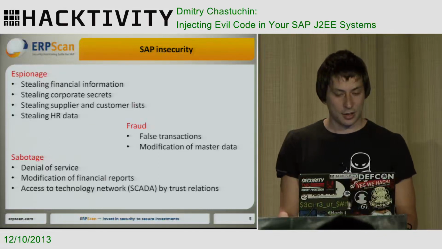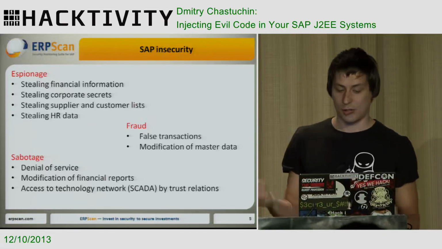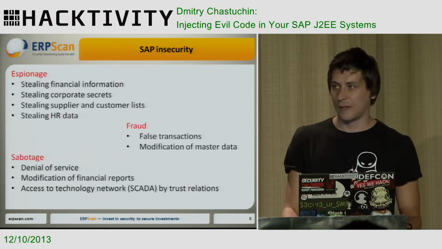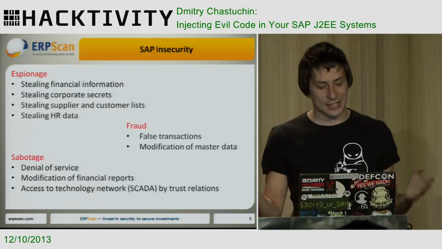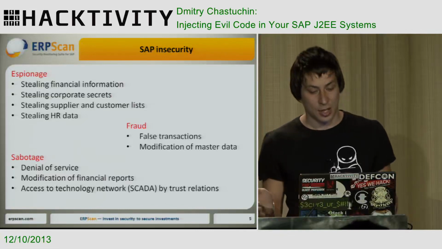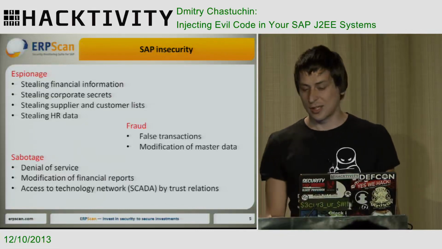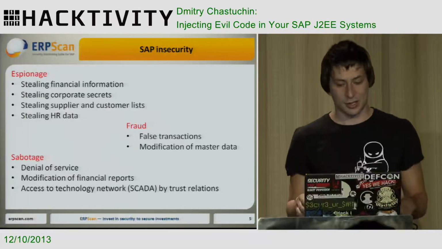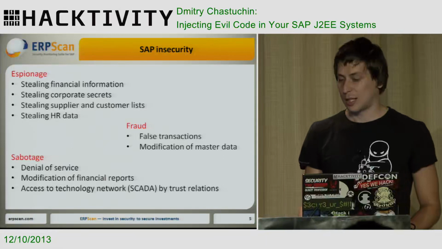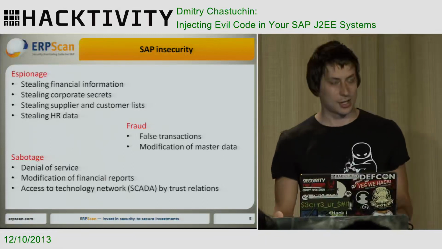And finally, sabotage: denial of service attacks, modification of financial reports, and access to the technology network like SCADA by trust relationship. It is possible because the SAP system is the place where all data from other systems is stored and processed. That's why it's possible to attack other systems after compromising SAP.